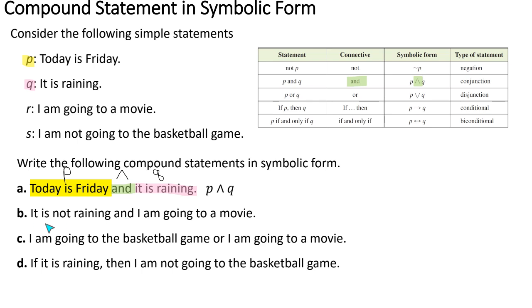All right, so our next statement, it is not raining and I am going to a movie. If I look at my P, Q, R, and S, I don't see it is not raining anywhere here, right? But if you notice, it is raining is here. That sounds like the negation. So what we can do first is write the negation, and the symbol for negation is this one here. So negation Q is it is not raining.